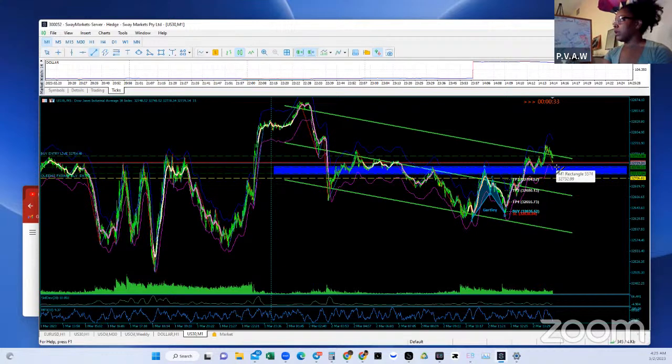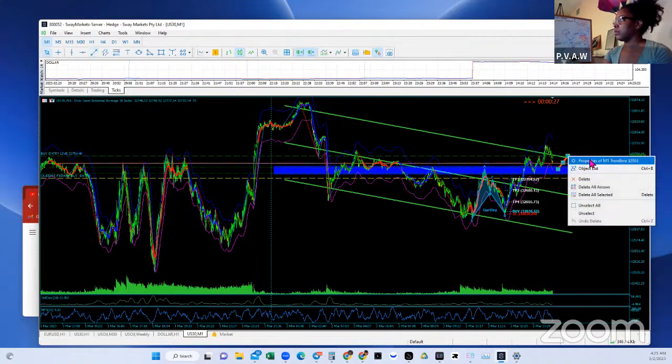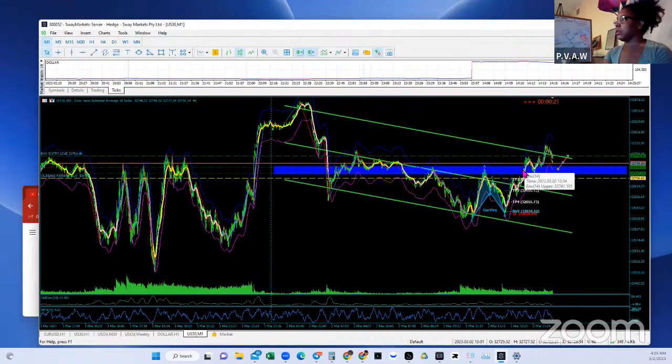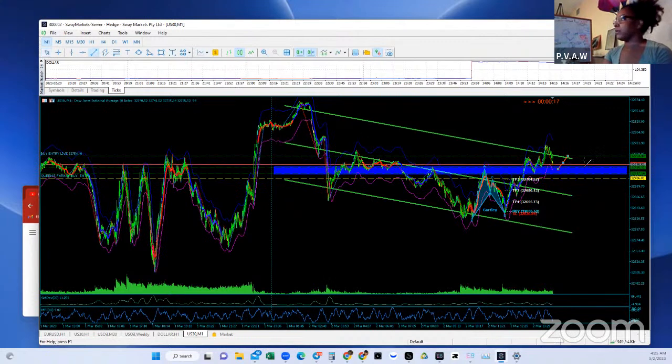So if it comes down to here and tests here, that can create a head and shoulders. So let's see what pattern it makes because it's dropping right now. So be careful with that.